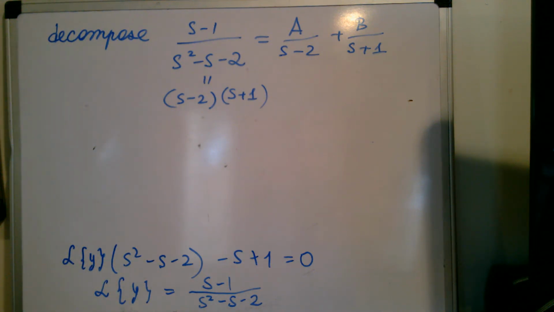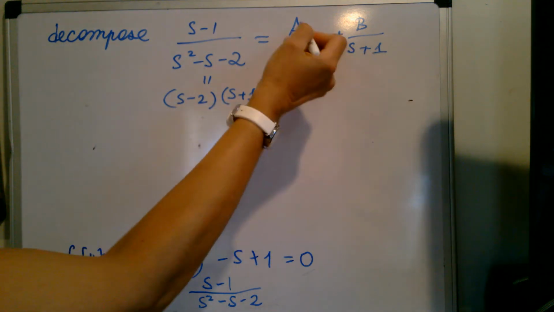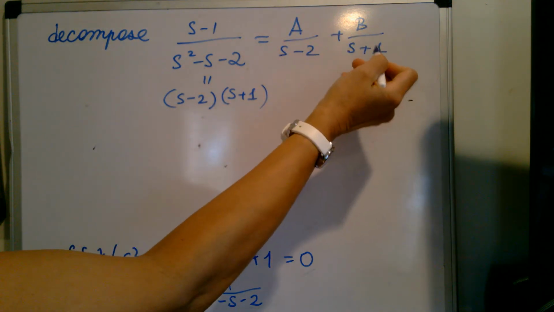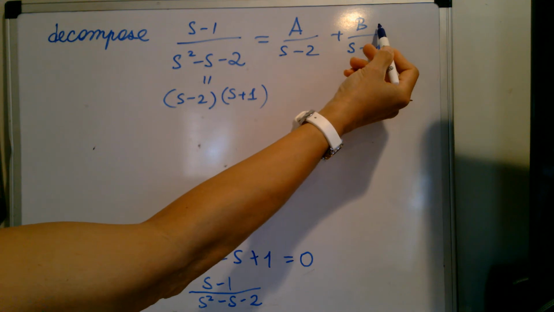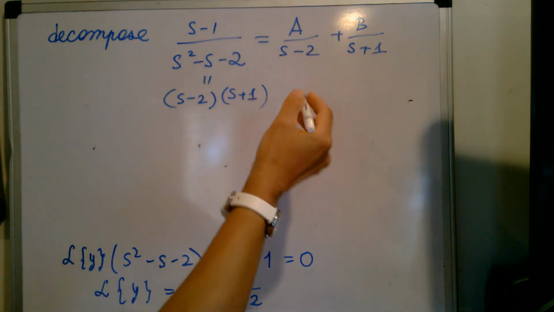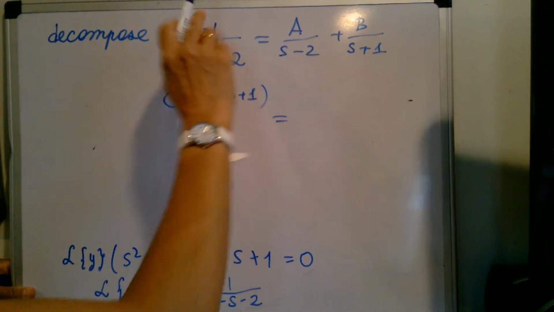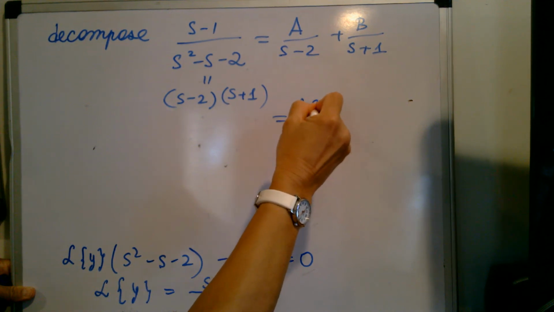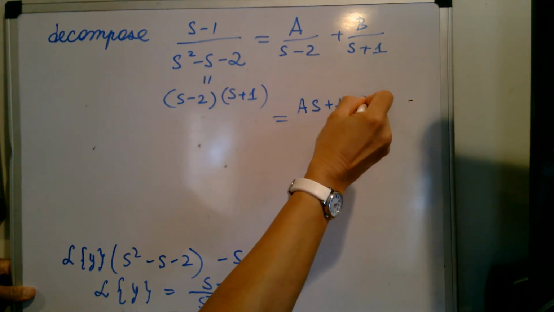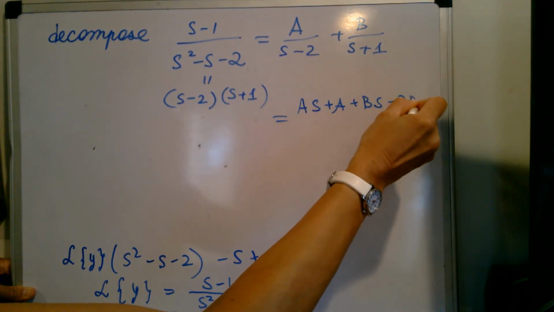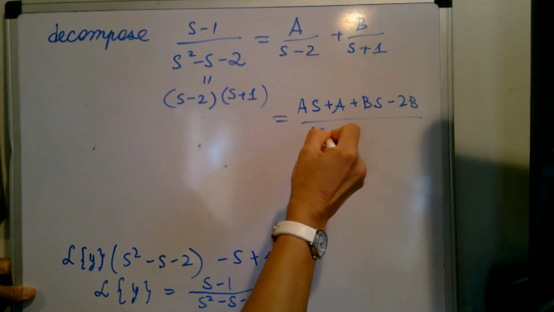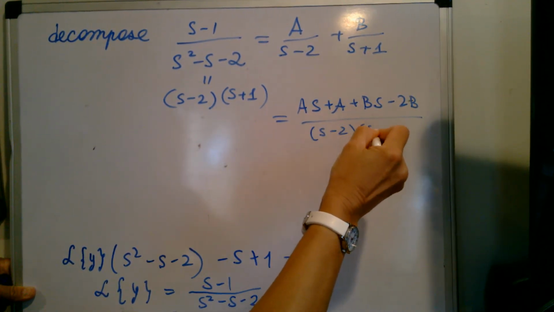So how do we find A and B? You crisscross multiply, bring it to a common denominator, and make the coefficients of this polynomial equal to the coefficients of this polynomial. I'm going to work on this side. That's As plus A plus Bs minus 2B. And the denominator, I'm not going to multiply; I'm just going to write s minus 2, s plus 1.